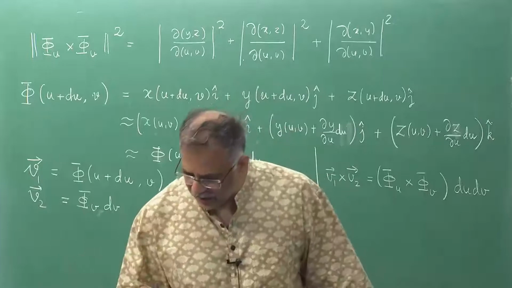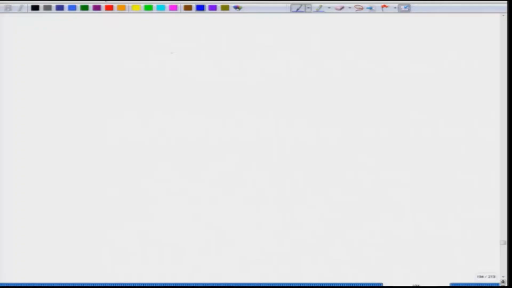So what I finally get here is that the ds vector is phi of u cross phi of v into du dv. These are norms, we essentially take them to be very small positive lengths, so we take them to be positive.